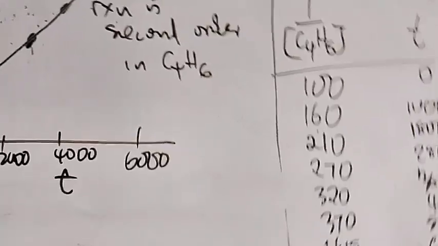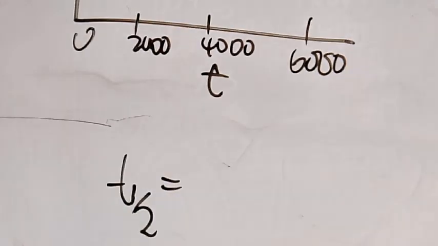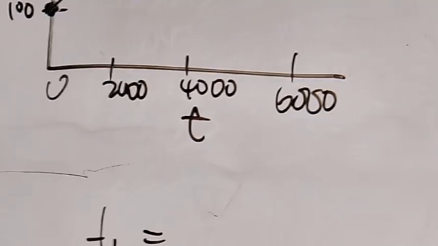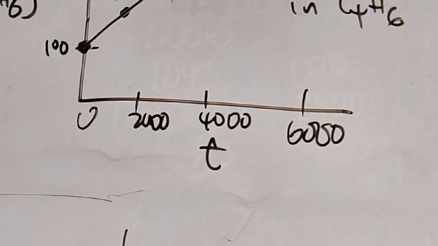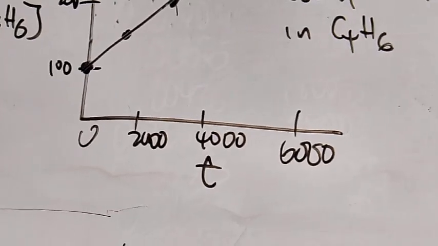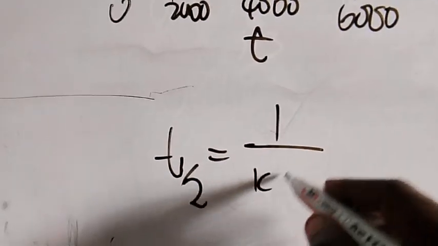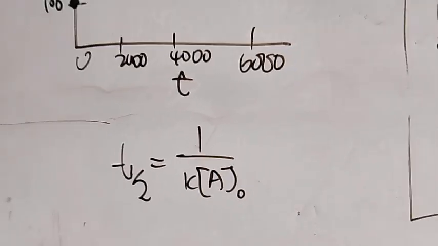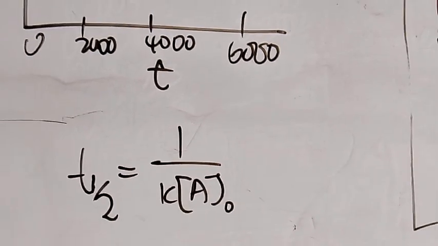To determine the half-life, we know that the half-life of a second order reaction is equal to 1 over K, the one that we derived. Half-life of a second order reaction is 1 over K A initial. That is the half-life of a second order reaction.